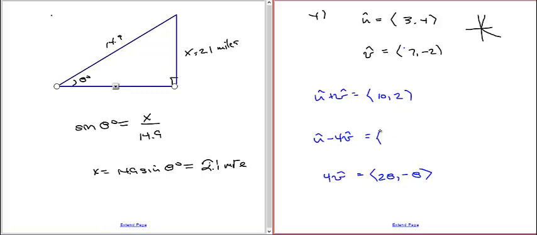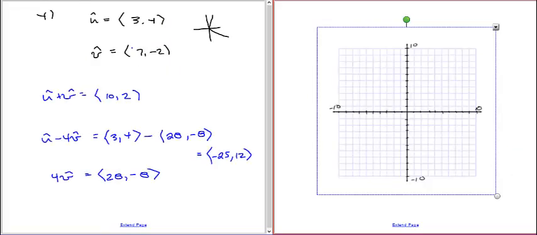So what we're going to have is u, 3, 4, minus 28, -8. And so 3 minus 28 is -25, and 4 minus -8, so it's 4 plus 8, is 12. So that was the second part.